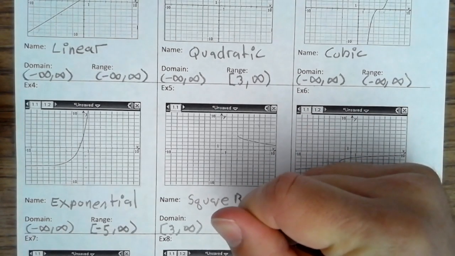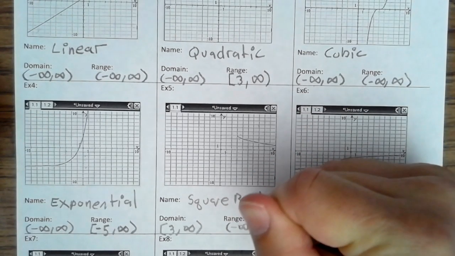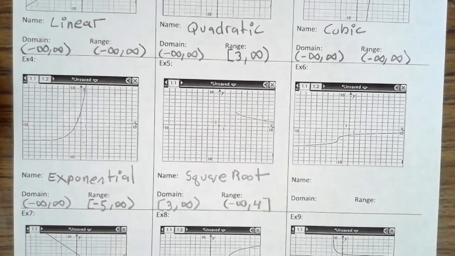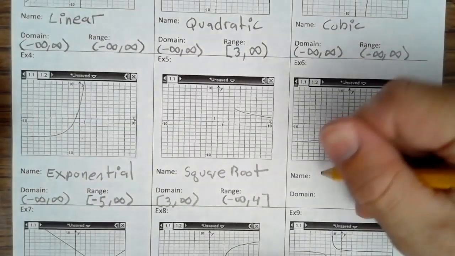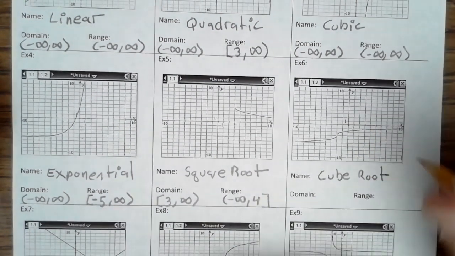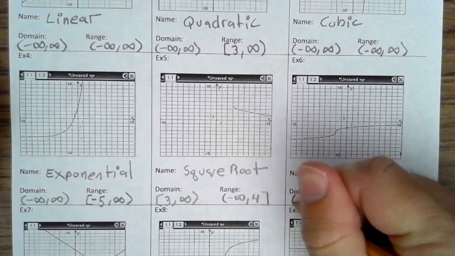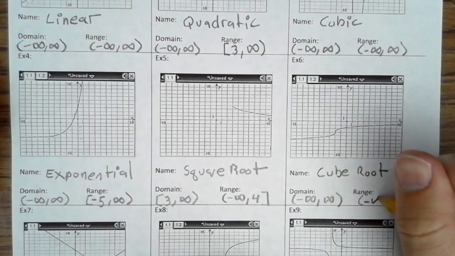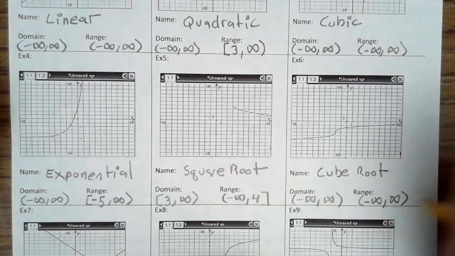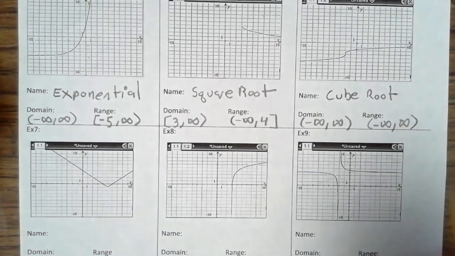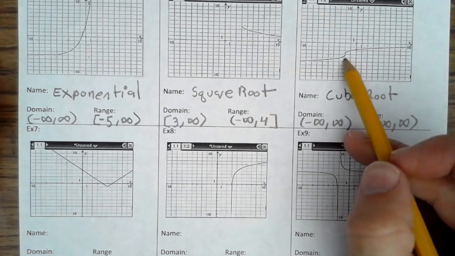So it's actually coming from negative infinity to positive 4 bracket because it includes the 4. All right, and then cube root. Cube root's domain and range are always negative infinity to positive infinity, even though it looks like the transformation went left and down.